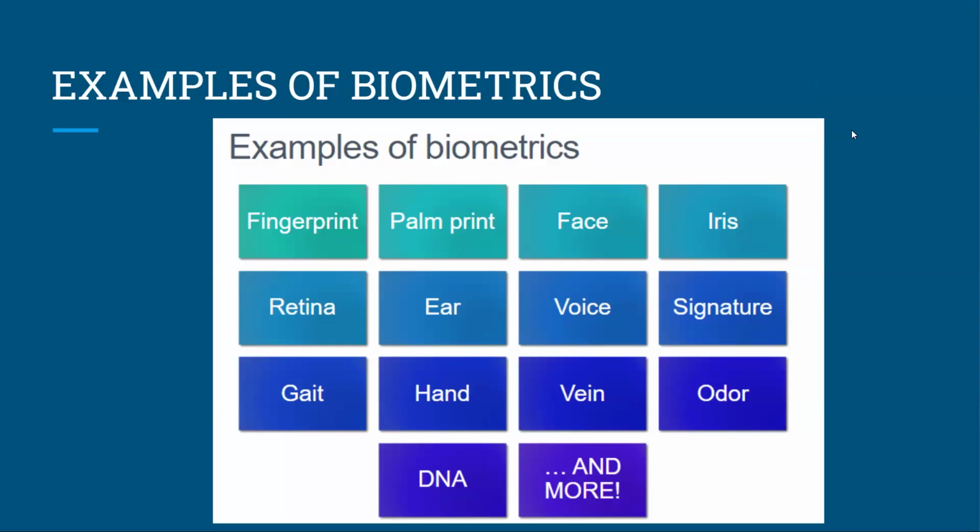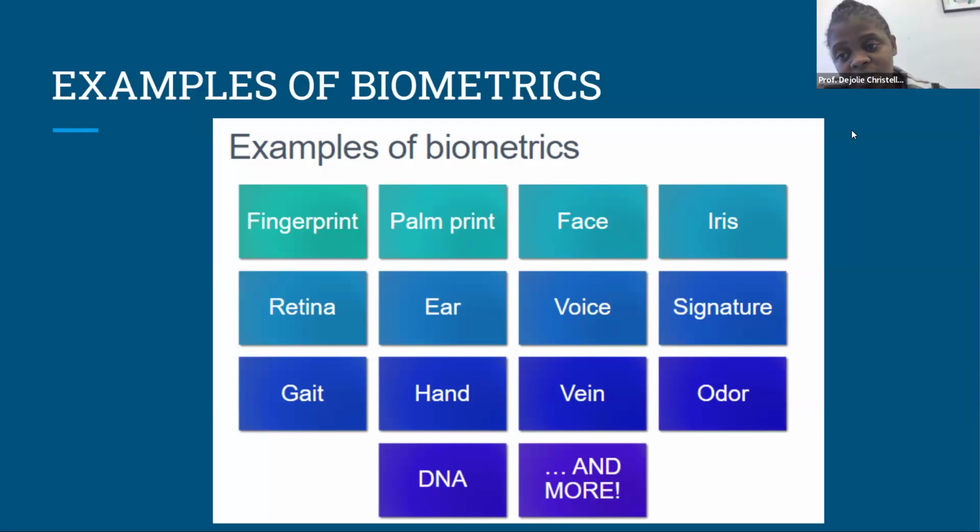So retina, they use the ear, the voice, as you mentioned, signature, gait, hand, vein, odor, DNA. There's more, but it's not everything that we use every day. But I know the fingerprint and maybe the face and iris are the ones that we mostly use. Maybe even the voice.